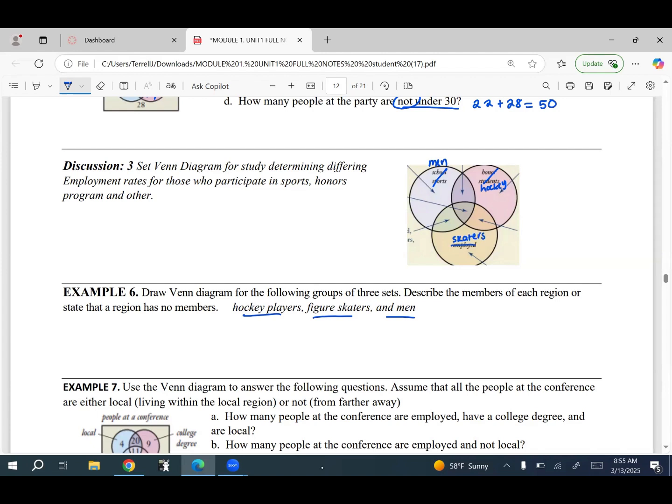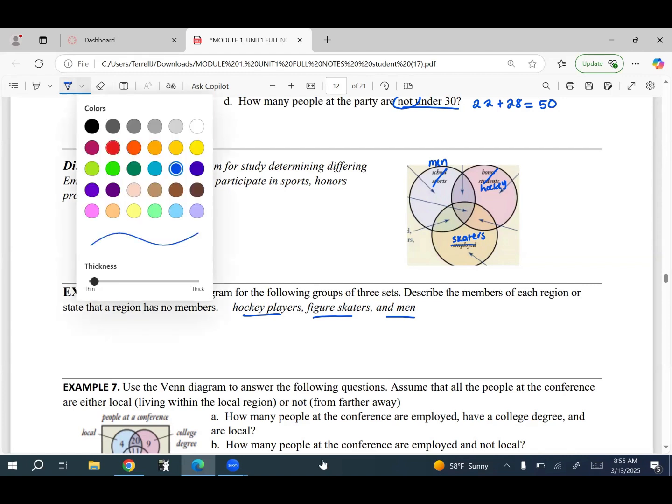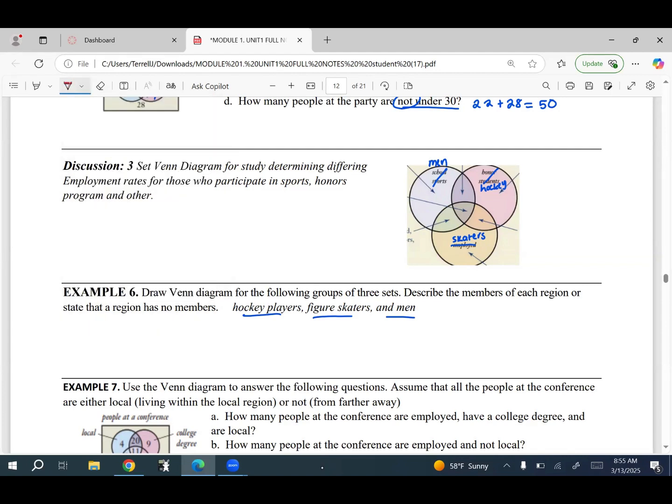Okay. There's a lot of different regions now because of the overlap of the 3 sets, and I want to describe what they all mean. So I'll do that in a different color here. I think the easiest thing to do is discuss the overlap. I want to bring your attention to the middlemost region.